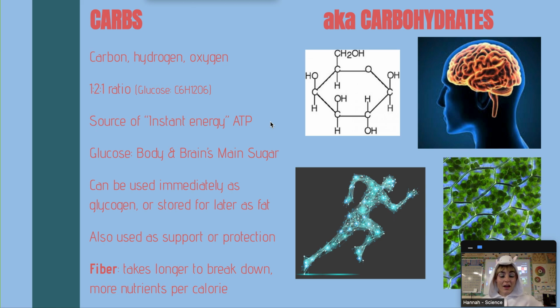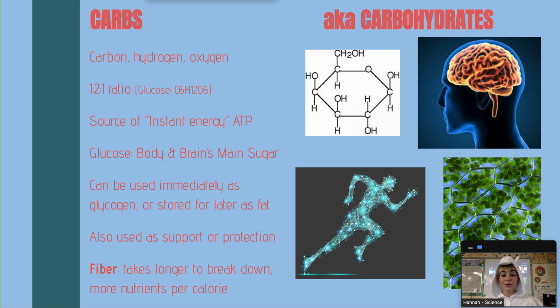Because of that, our body will use glucose as the main form of sugar for both the body and the brain, and therefore energy. We can use it immediately as glycogen, or we can store it for later in the form of fat. So we'll get into fat, but essentially either we use that instant energy instantly, or we store it as a long-term form of energy in fat.